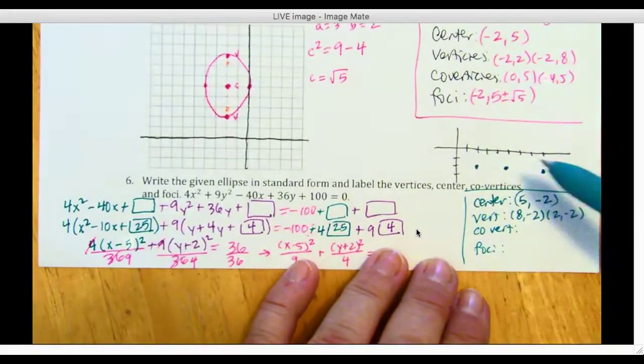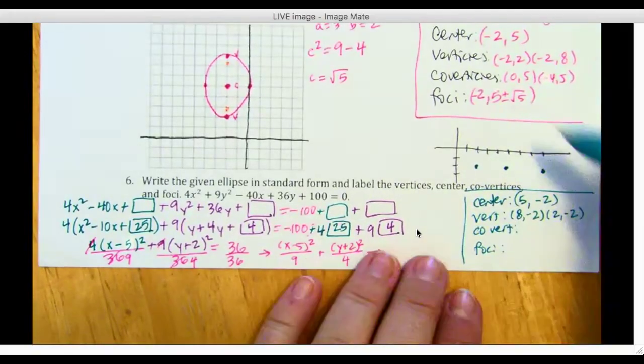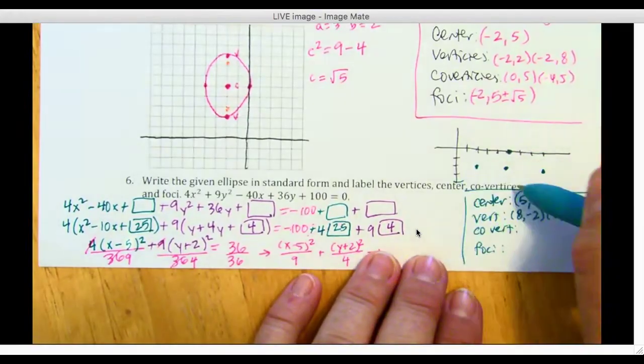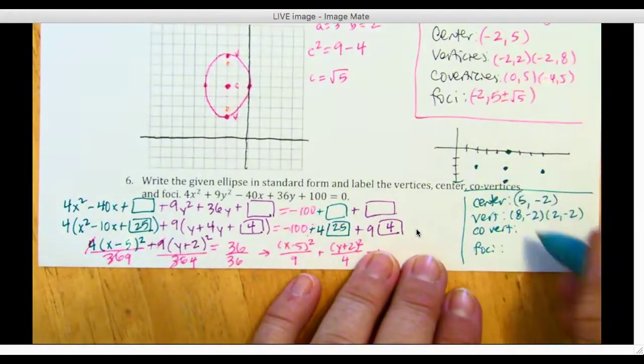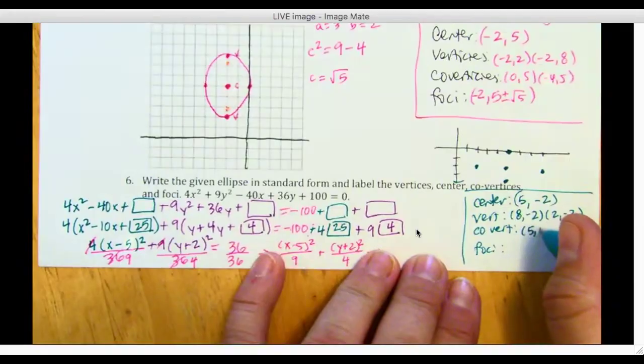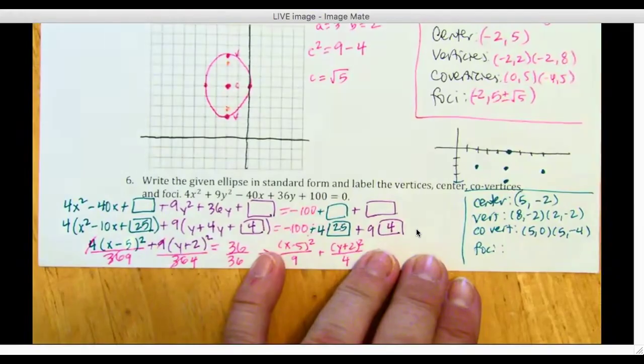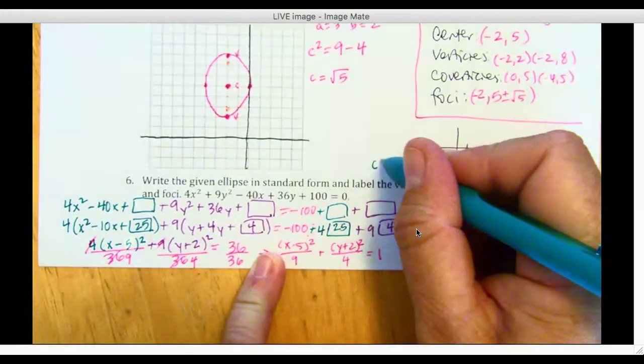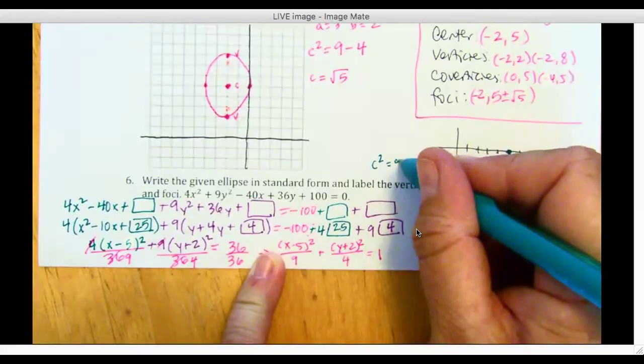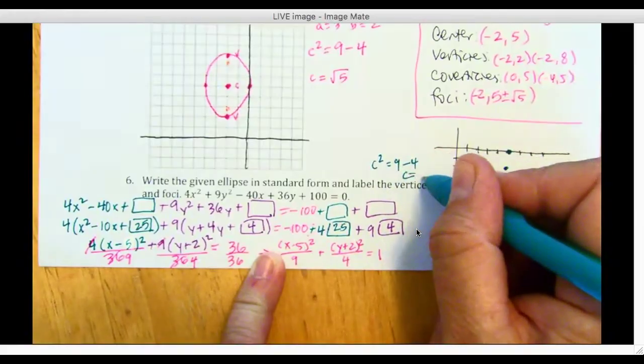And then my co-vertices, my b value is 2, so I'd be going up 2 and down 2. So that would give me 5, 0, and 5, -4. And then my c value, c squared is equal to 9 minus 4, so c is equal to the square root of 5.